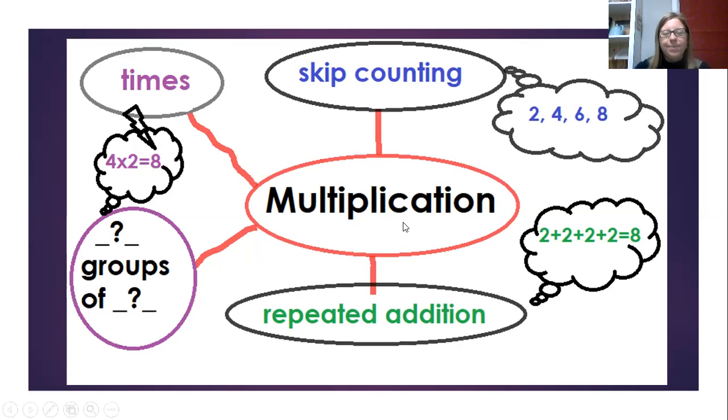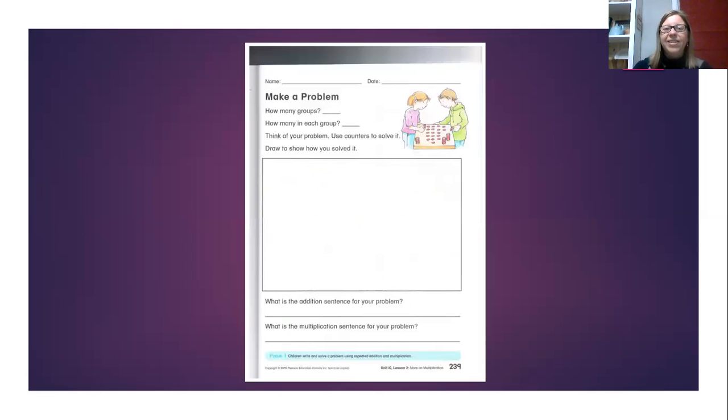So let me just explain a little bit more of our math pages from our Math Makes Sense book today. Here's the first one. Now, for this page, 239, you need to go and find a collection of items. Maybe you have a collection of those mini cars, the Hot Wheels.